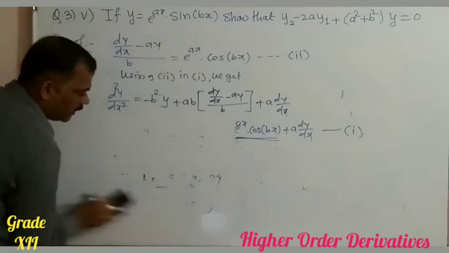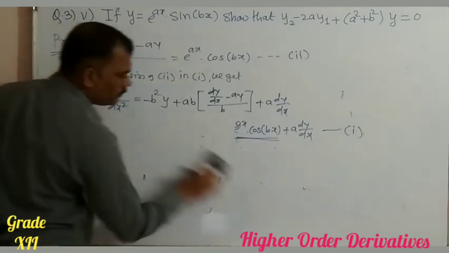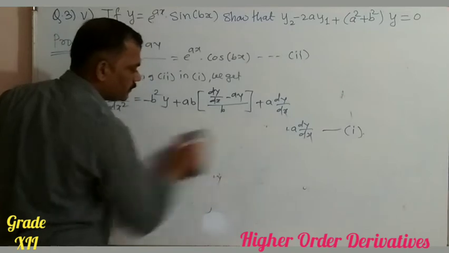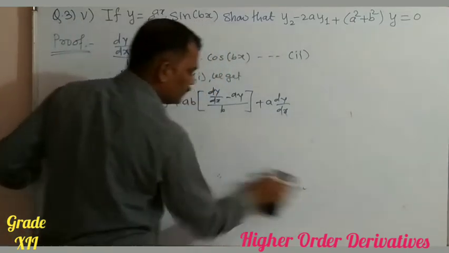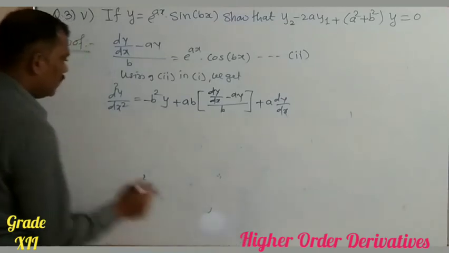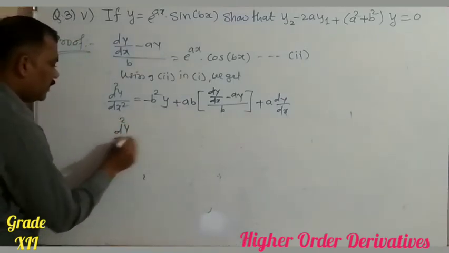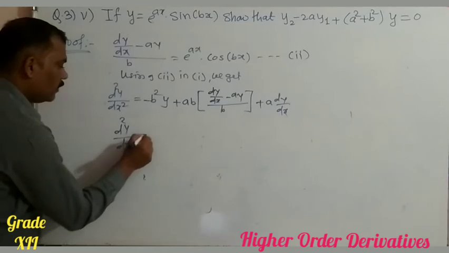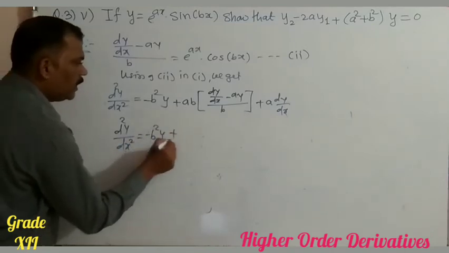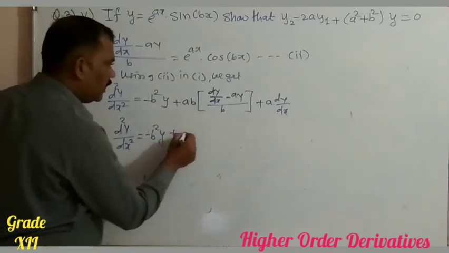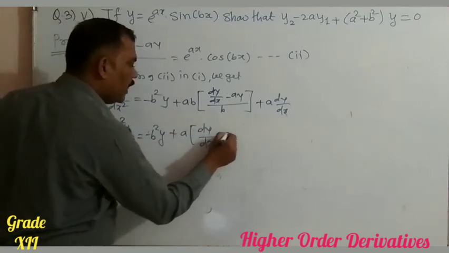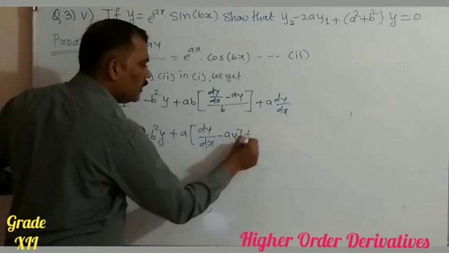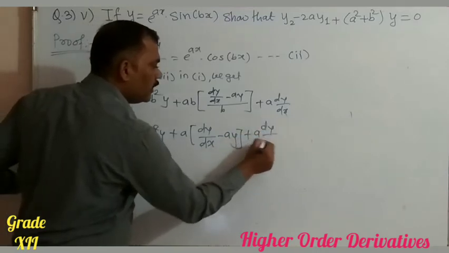So we get d2y by dx square is equal to minus b square y plus, b gets cancelled, a into (dy by dx minus ay) plus a into dy by dx.